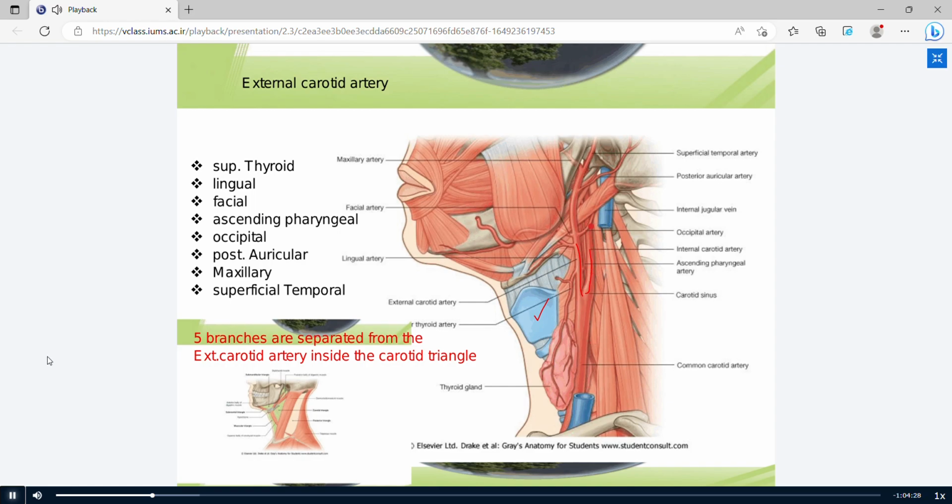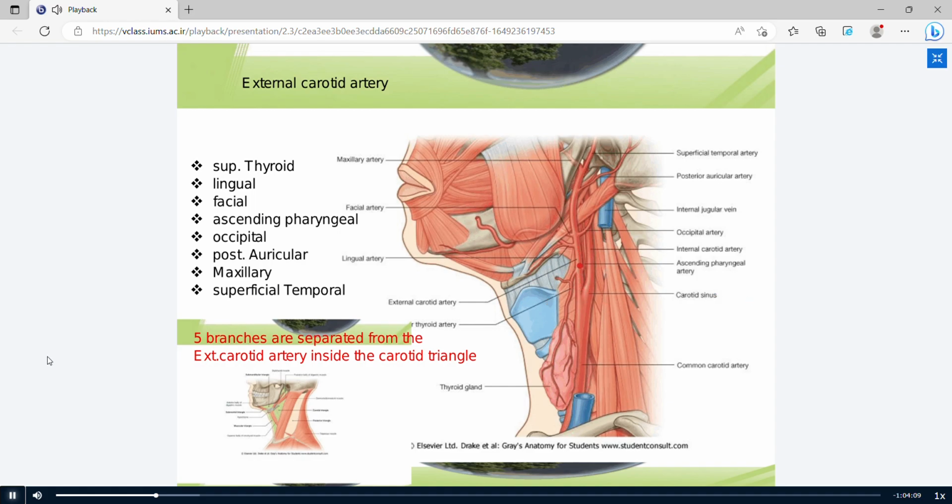The internal carotid artery has no branch in the neck, goes upward and finally enters the skull, and is located lateral to the external carotid artery.